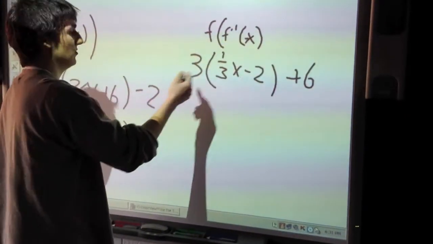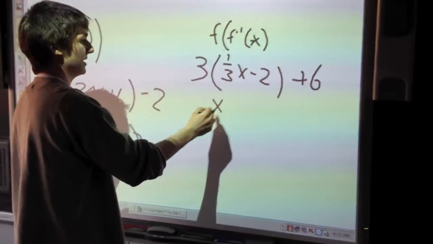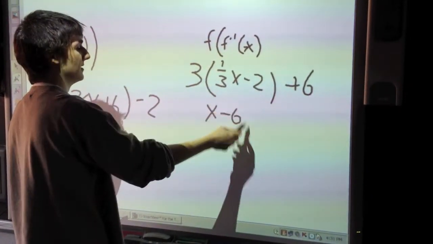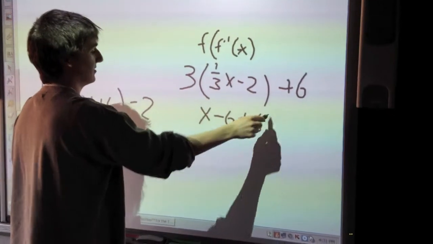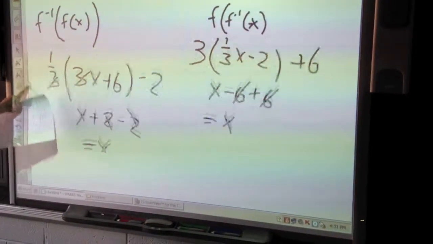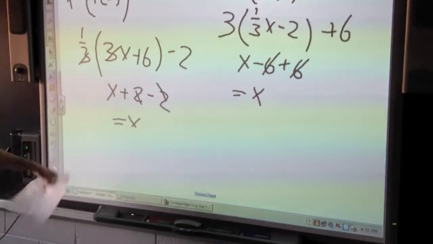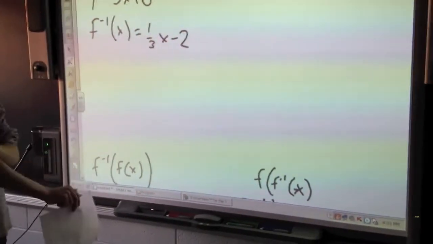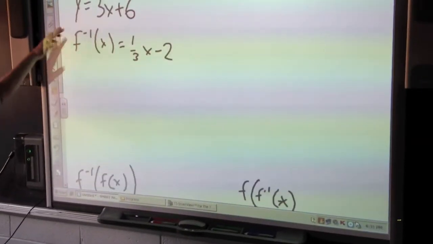So when you do all this, it comes out to x, and then minus 6, because 3 times minus 2, and then plus 6, and then cross those out, and you get x. And then you know that since they both equal x, that it is a function, and then it passes the horizontal line test, and that overall it's a good inverse.